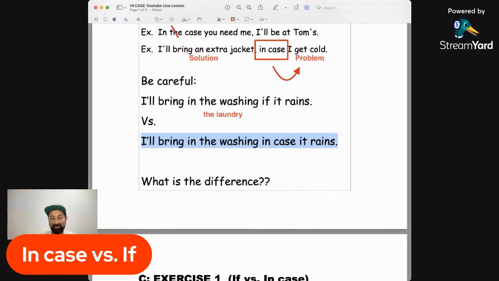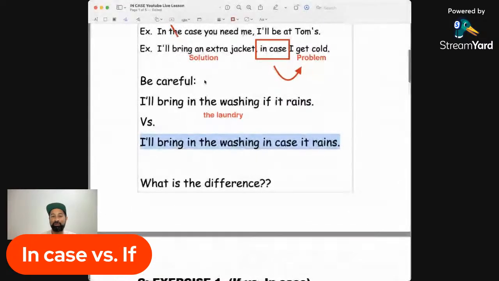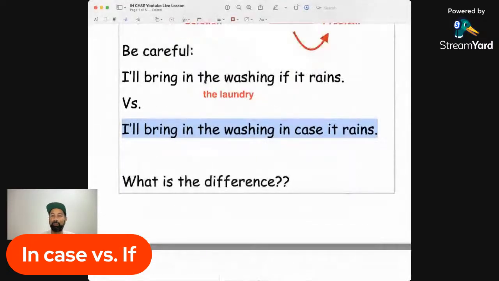What is the difference between these two sentences? They have a different meaning. Who can understand the difference between these two sentences?